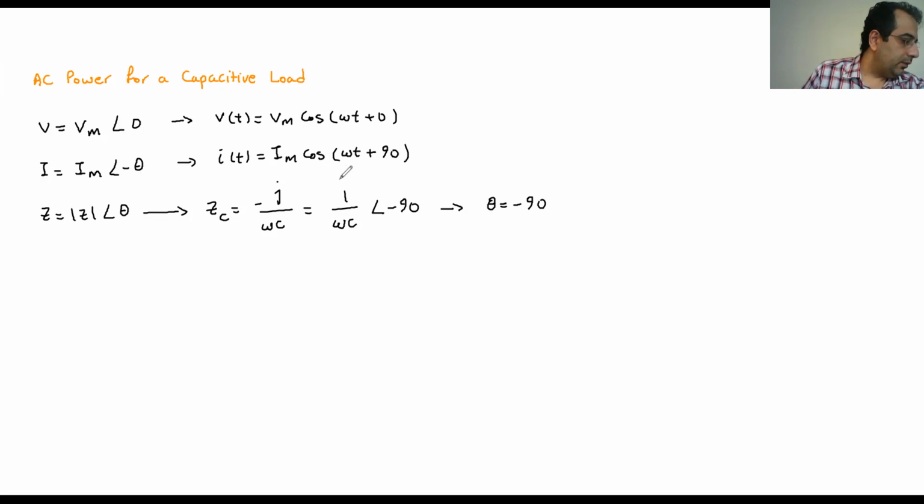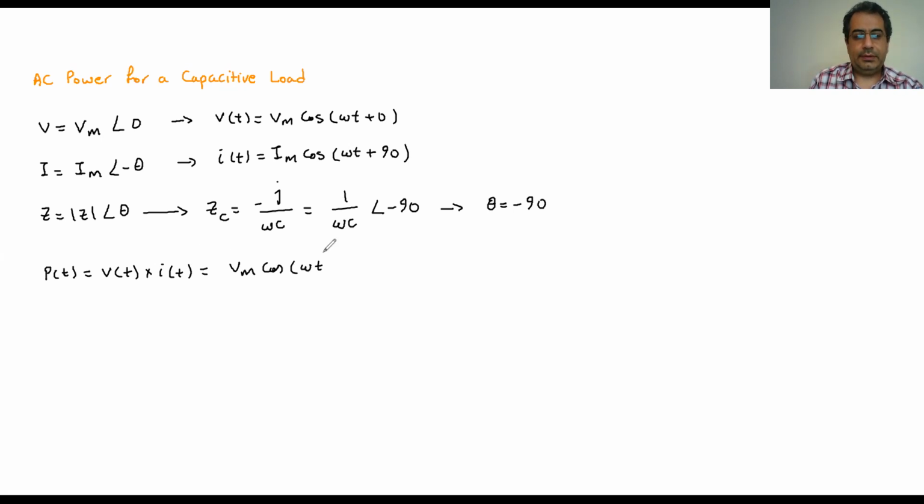And then when we have it like that, I can go ahead and write the instantaneous power, which is going to be Vt times It. If I do the calculation, it's going to be Vm cosine omega t, so I don't write the 0, times Im cosine omega t plus 90.